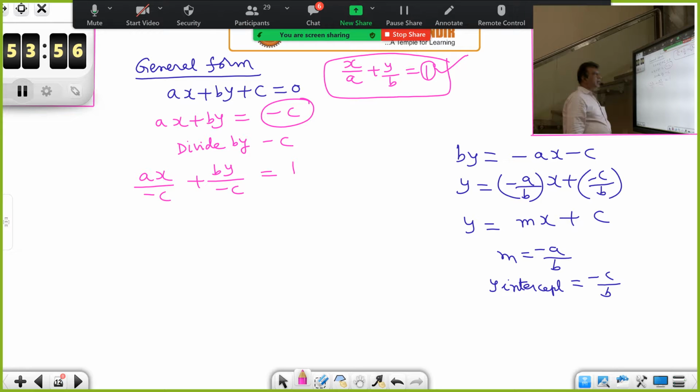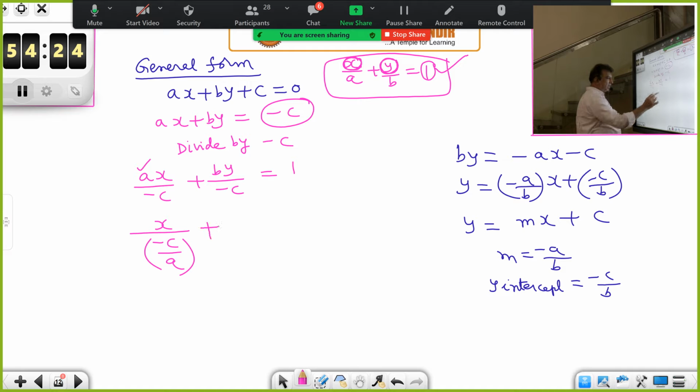But it is still not in the intercept form. In the intercept form, x by a, x must be alone in the numerator. Y must be alone in the numerator, second term. Therefore, I have to remove a from that. So x by what? Tell me, Shilpita. X by minus c by a. Come on, plus y by.